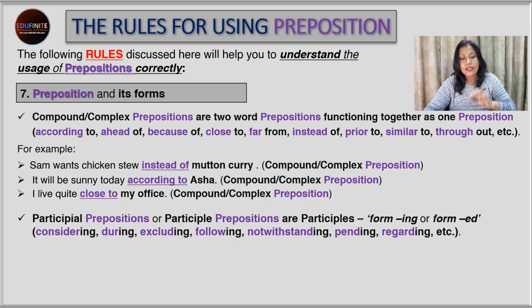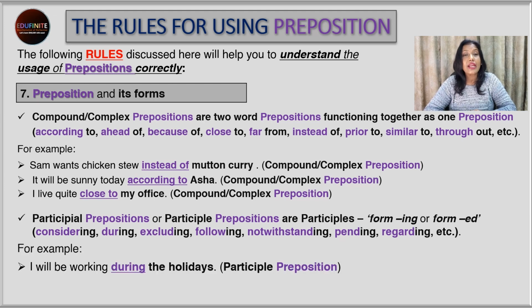Next, participial prepositions or participle prepositions are participles. That means the form can be ing, like the present participle, or it can also be in the past participle form, that means the ed form. So words like considering, during, excluding, following, notwithstanding, pending, regarding, etc. So let's look into some of the examples.